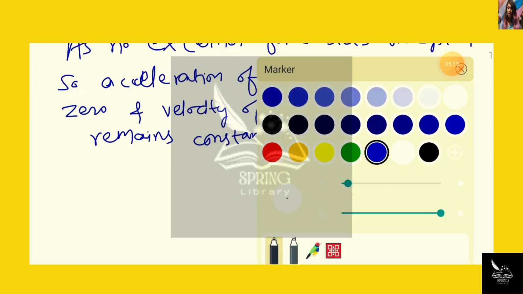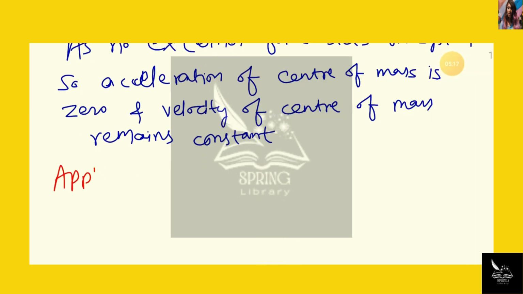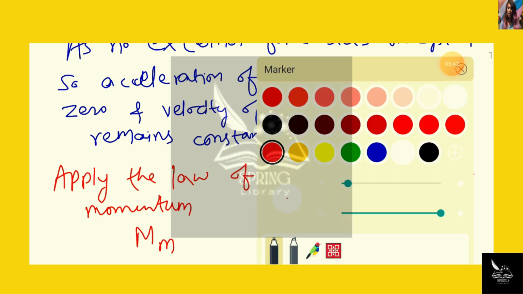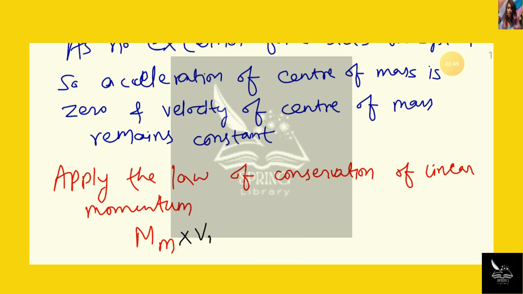After applying this law, the result will be mm multiplied by Vm is equal to mp multiplied by Vp.